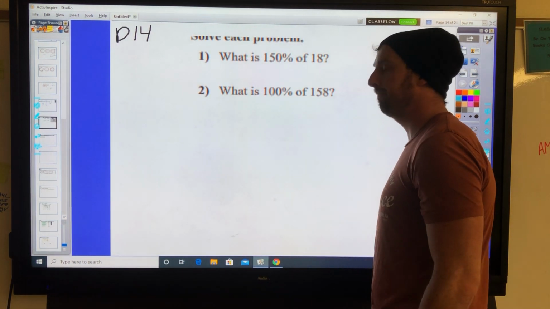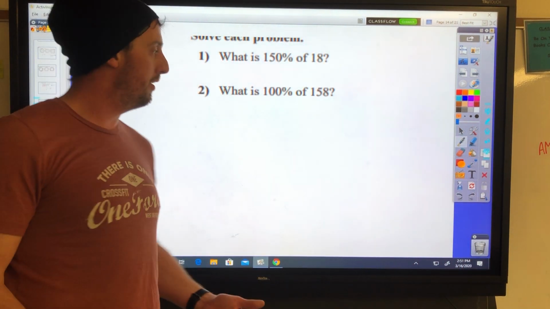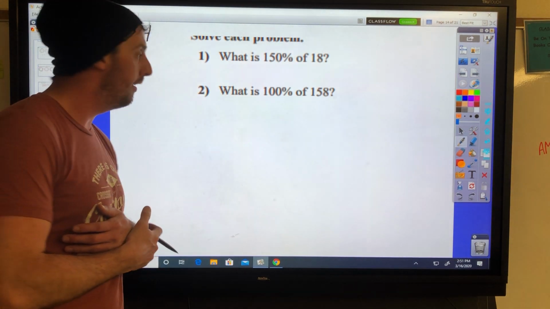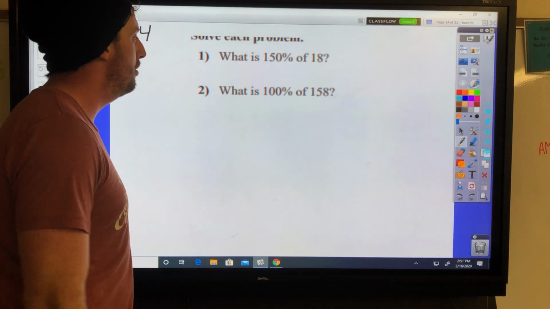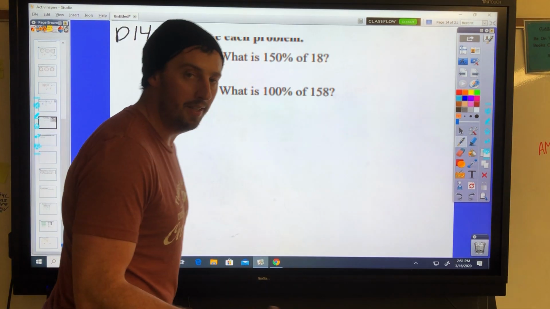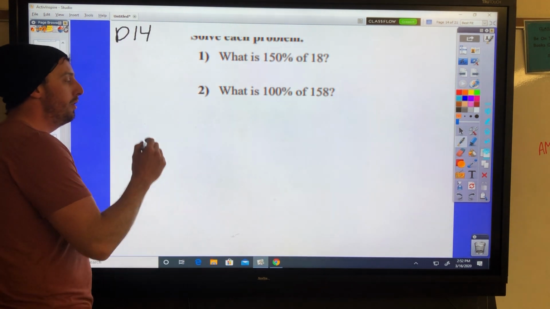Day 14. Here we go. We are solving for a missing section of this. All right, we're actually solving for ratios and percents. So what is 150% of 18? I know we went over this a lot in detail the past couple months, but you have a formula you need to use.